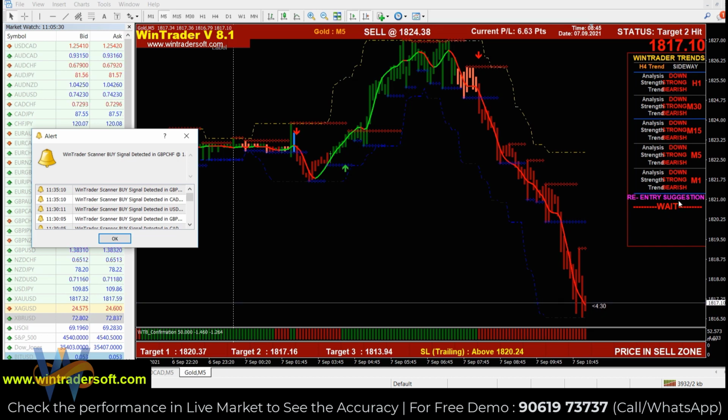Right now the re-entry suggestion is showing wait only. If you want to re-enter, you have to wait for the next re-entry suggestion to come, and you can re-enter at that level. Otherwise, you can wait for the next signal.